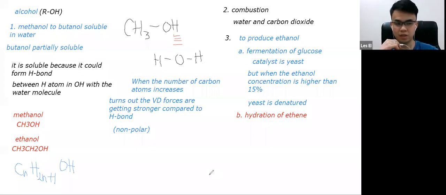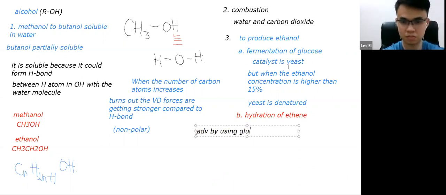If you do fermentation of glucose, the advantage is this one consumes a lower amount of energy and it is renewable.